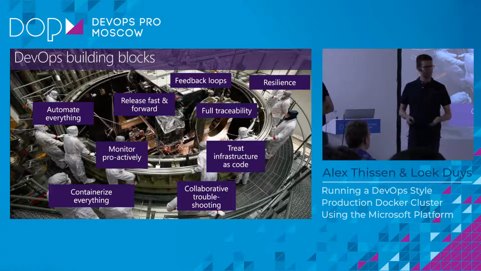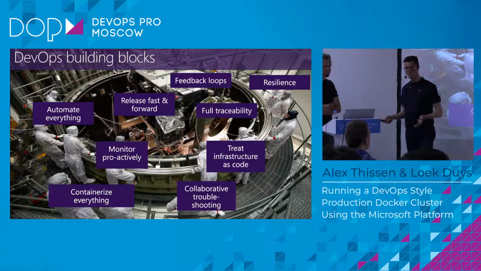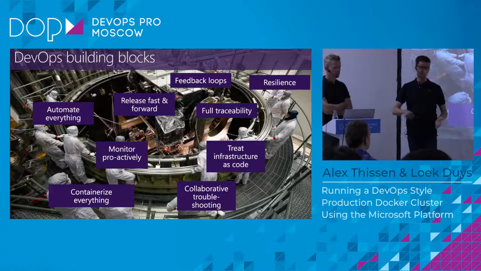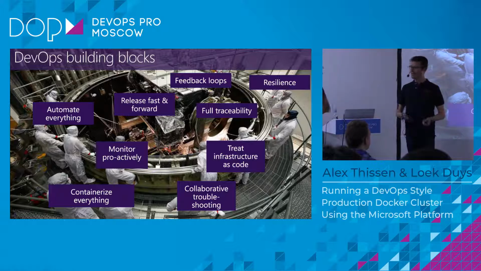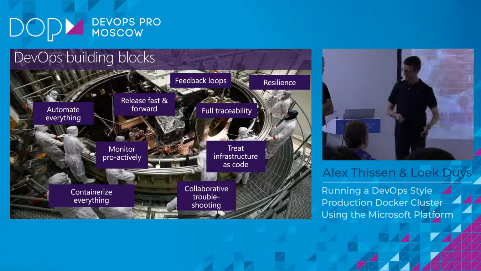But whenever you do something, you don't want to do it twice. So this means automate everything. If you deploy your infrastructure, make sure you script it so you can repeat it later on and you don't have to reinvent the wheel every time you do it. So during this talk, like I said, you will encounter all these terms again. We will cover most of them.